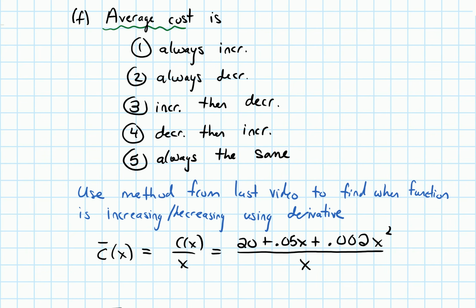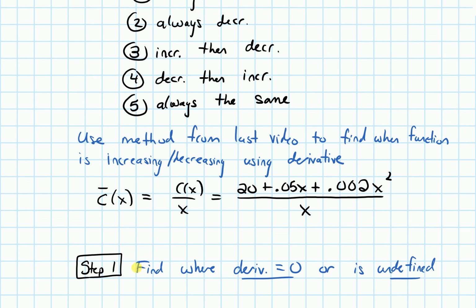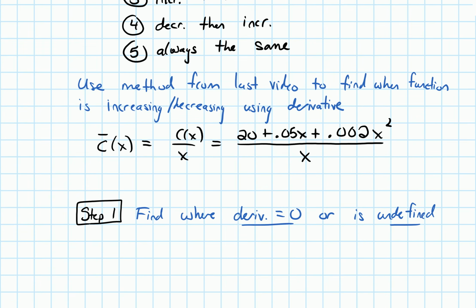All right, so we have our function, and now let's use our method to figure out when it is increasing and when it is decreasing using the derivative. The first step, remember, was to find where the derivative is equal to 0 or where the derivative is undefined. To take the derivative of this, we have a fraction, something divided by something, and we don't have a rule for taking the derivative of a fractional function like this.